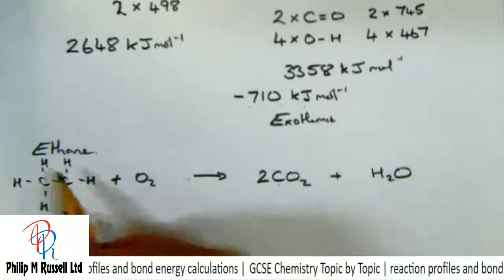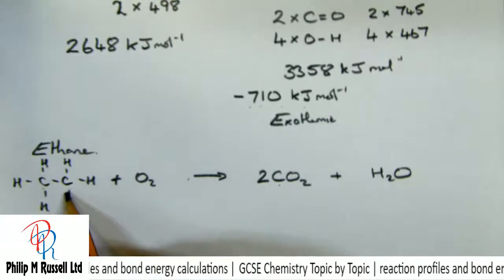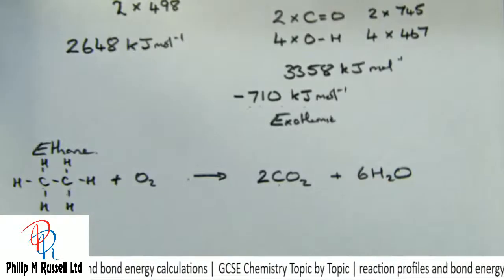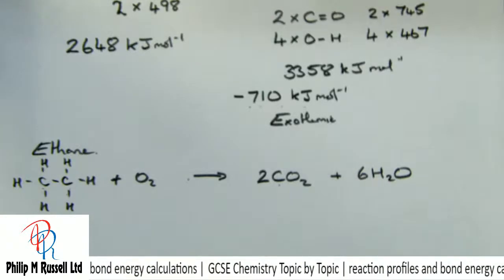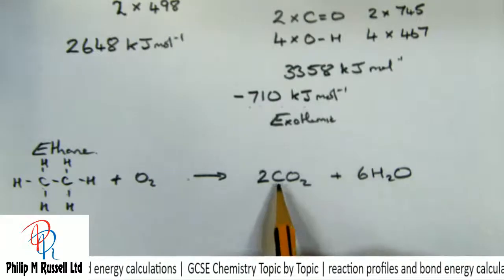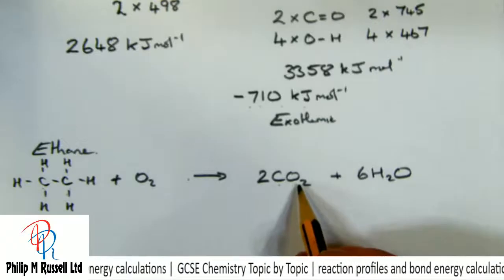I've got 2 times 6 hydrogens on this side, so I must end up with 6 hydrogens on that side. Let's count up how many molecules of oxygen this would be.